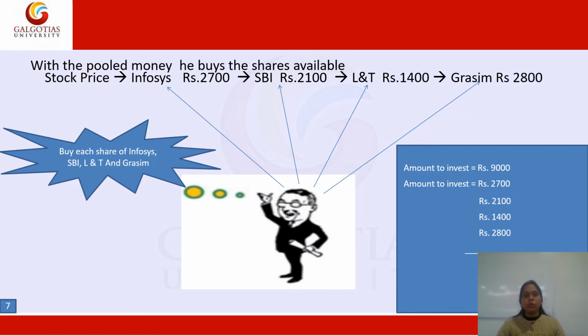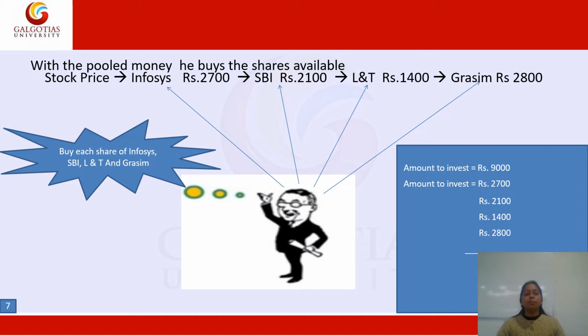And when we talk about the diversified portfolio, within that portfolio, if one share has not been performing, it could be possible that other companies and other stock prices are giving returns. So the game is all about the returns: to what extent the companies are going to perform and give returns to the investor.